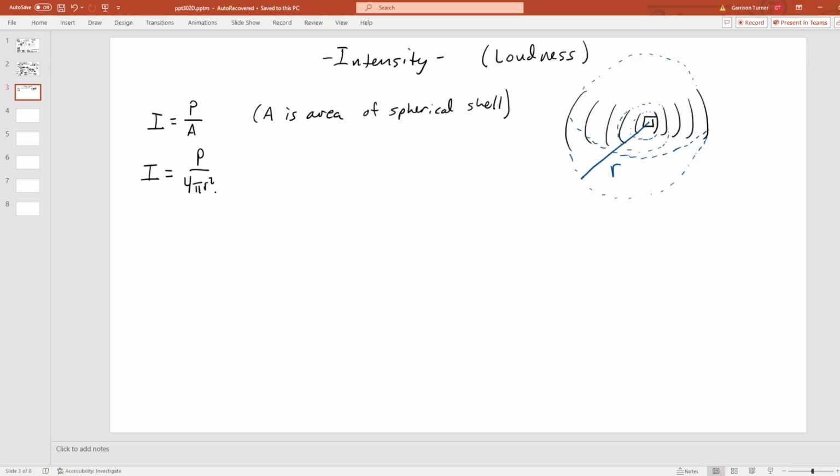So the power is going to be constant, right? Your power is constant. And what we mean by that is, let's suppose this is a siren generating a constant tone, then the total amount of energy in this inner sphere has to be the same as the total amount of energy in this other sphere, as all of the other spheres that are expanding away from the siren.